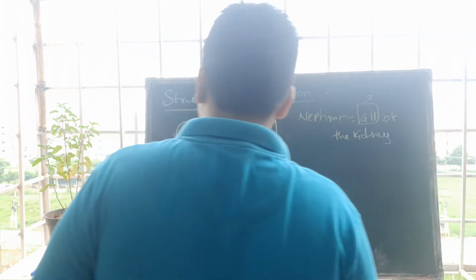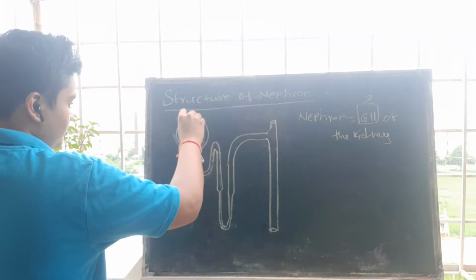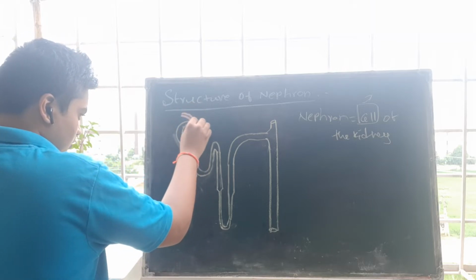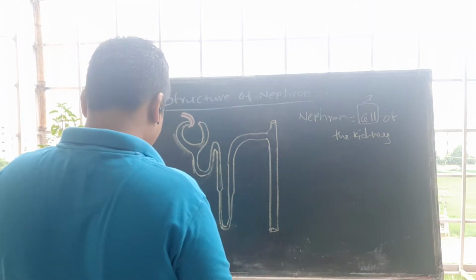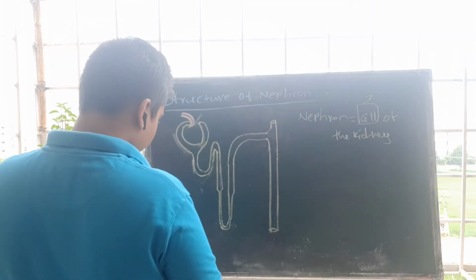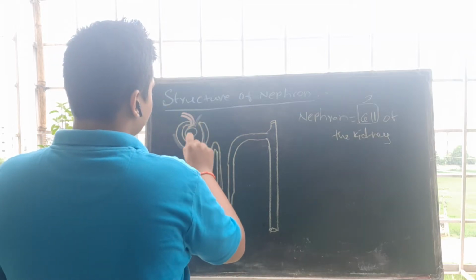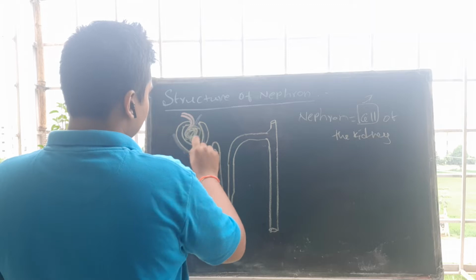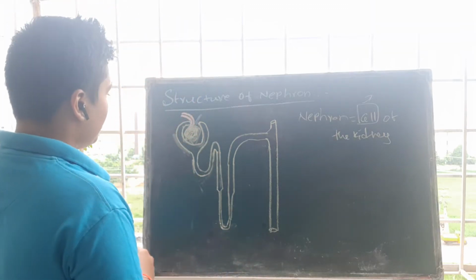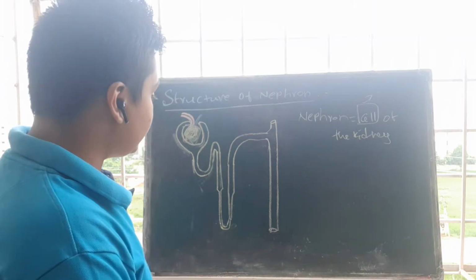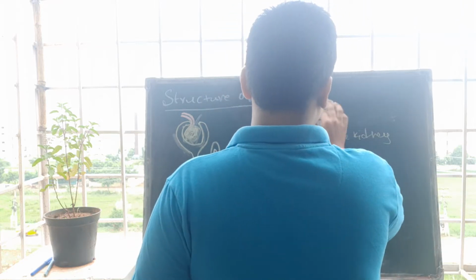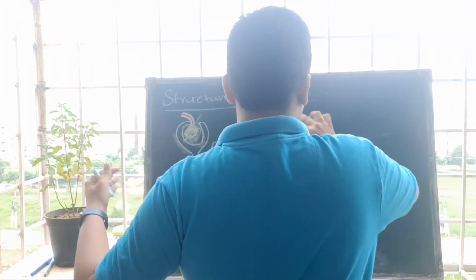Now we have so many parts in it, so let me try to draw those parts. Now let us label these parts one by one, and I'll explain simultaneously.